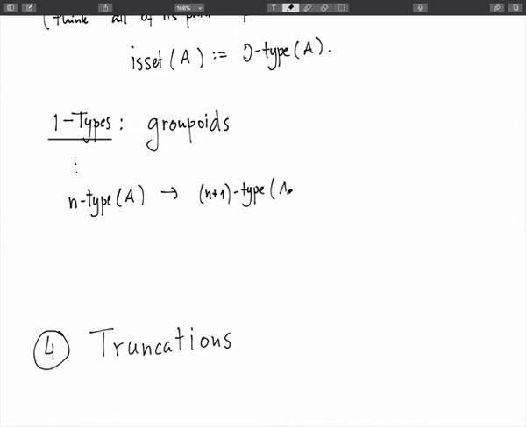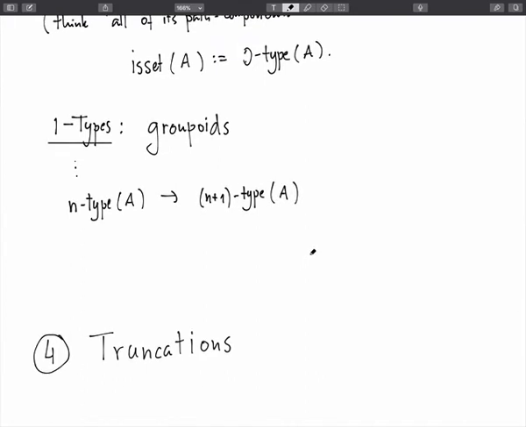Another way to think about it is that an n type doesn't have any interesting homotopies at level n. So this is something we would need to prove, but it turns out to be the case. So you always have this direction.